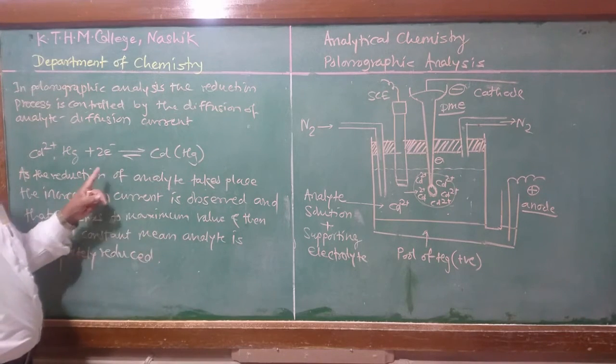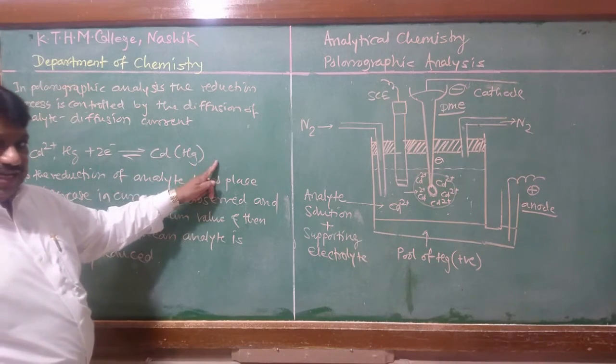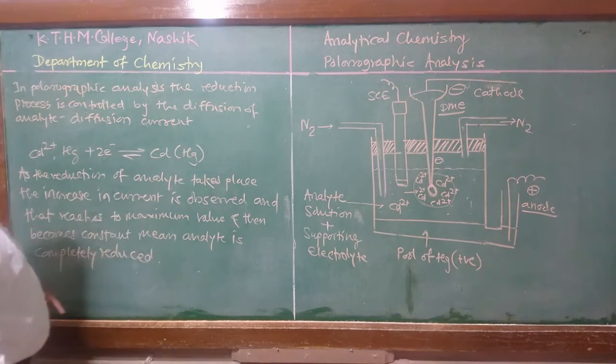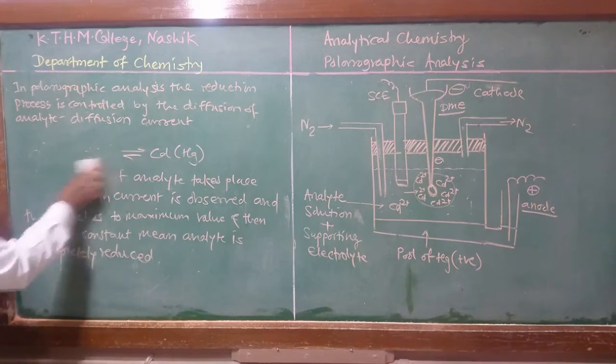If we are increasing the potential of working electrode, that is dropping mercury electrode, then we observe that there is another reaction.